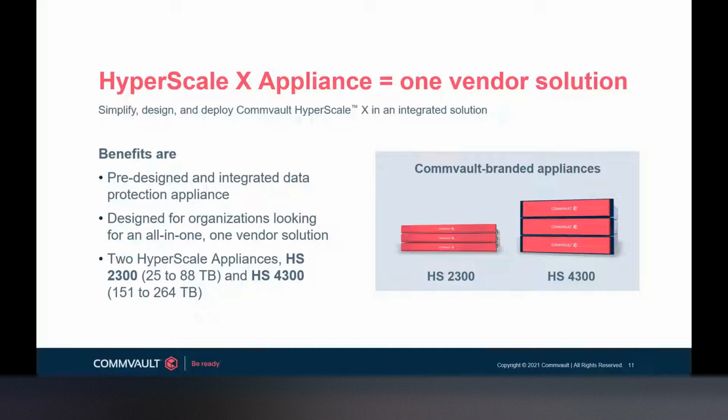We have several different architectures that are certified and can be used, because basically Hyperscale X is a standard x86 server. The small appliance has 4 disks, the bigger one has 12, but we also support 24-disk enclosures for high density workloads.